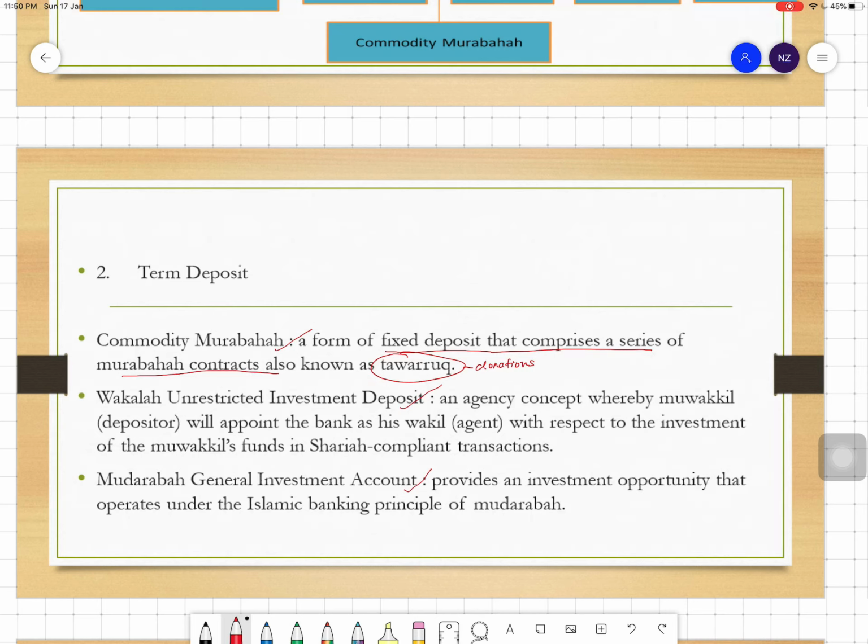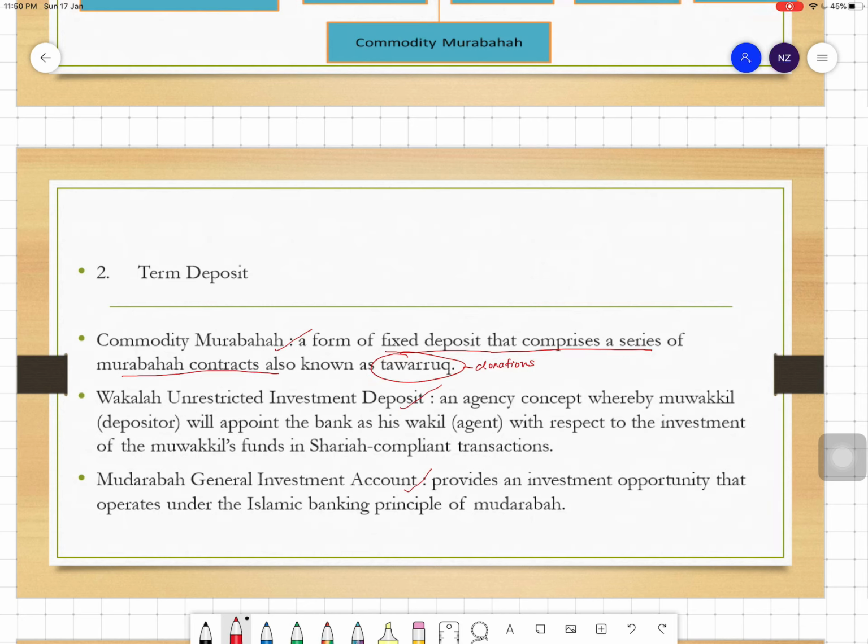But as for Mudharabah General Investment Account, Mudharabah, again, it is a partnership contract where one is the Rabbul Mal, who will invest some amount of capital in the company, and one is the Mudarib, who is the one yang akan manage the project or the company.